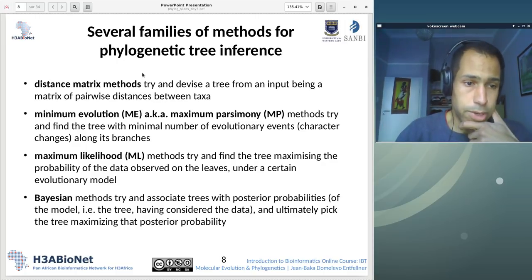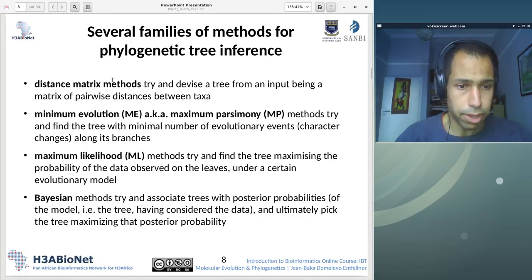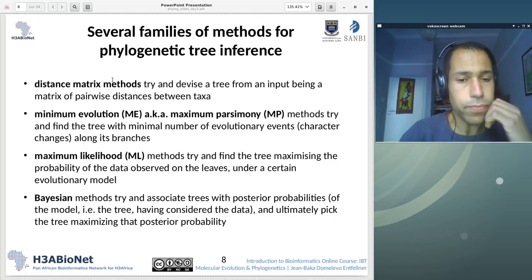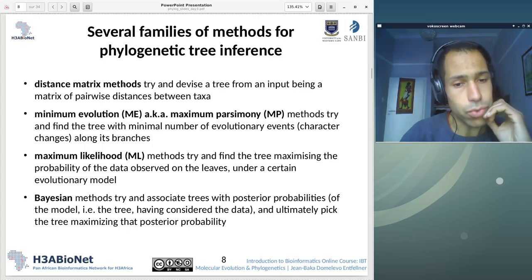The first family is the family of distance matrix methods. Their goal is to infer a tree from an input being a matrix of pairwise distances between the different taxa.